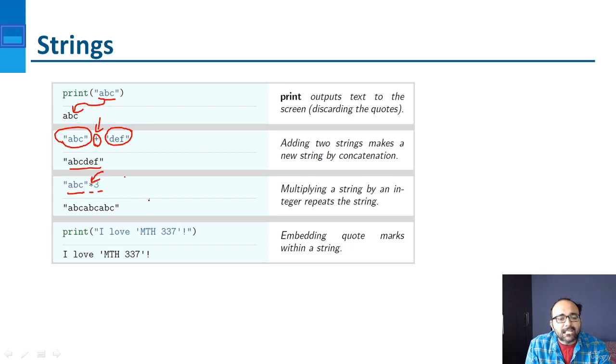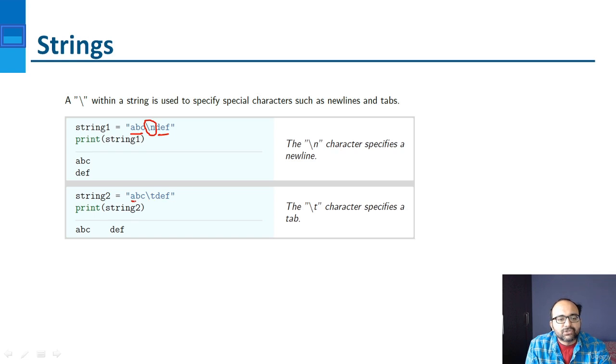Similarly, if we are using slash t, first it will display ABC, then tab space, and then it will display DEF.